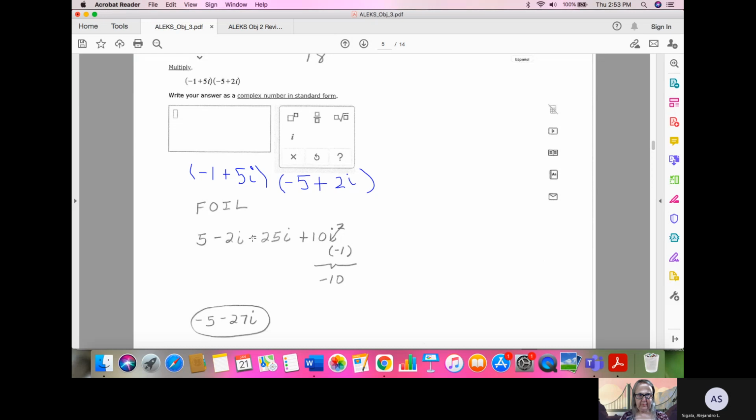The inner two, that's these guys. Plus times negative, negative. 5 times 5, 25. Then we have this i from here. That makes sense? Yes. Then the last, positive times positive is positive. 5 times 2 is 10. i times i is i squared.